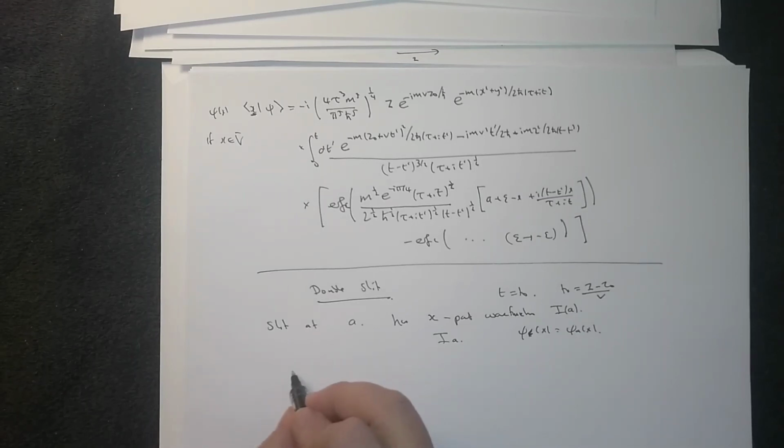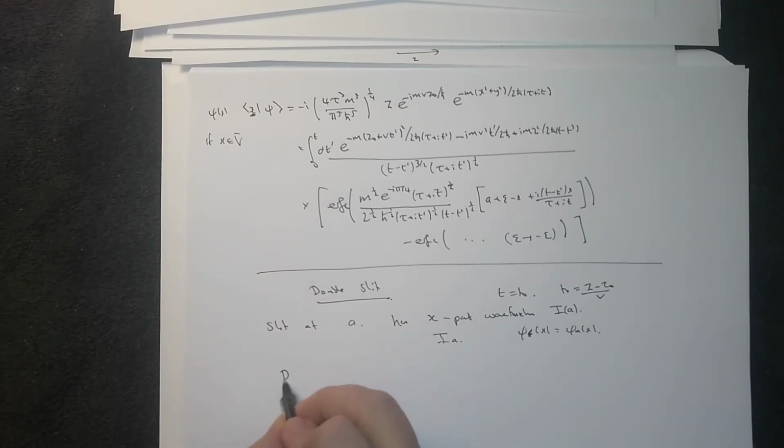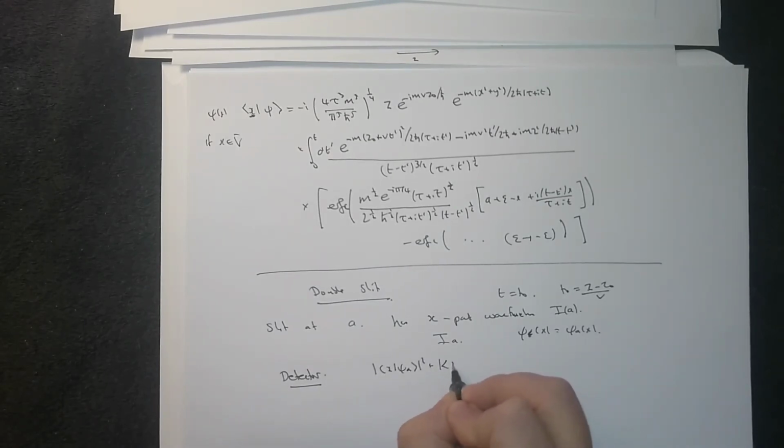So the relative probability of finding the electron in the case where we have the detector is going to be x with psi A squared plus x with psi minus A squared. It's a good approximation.